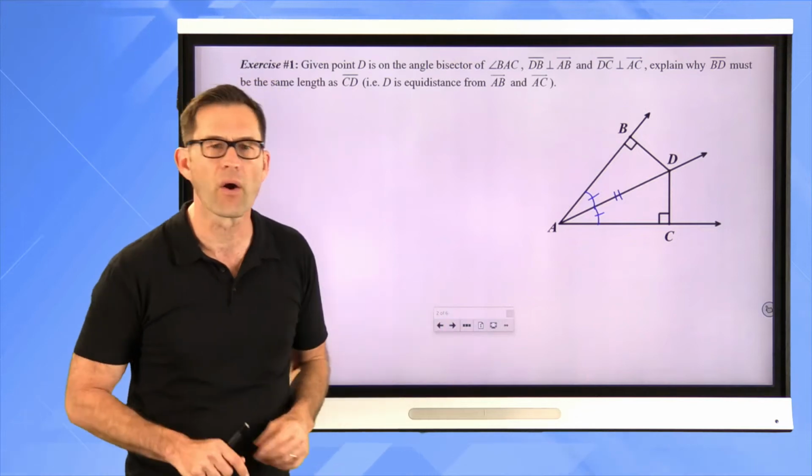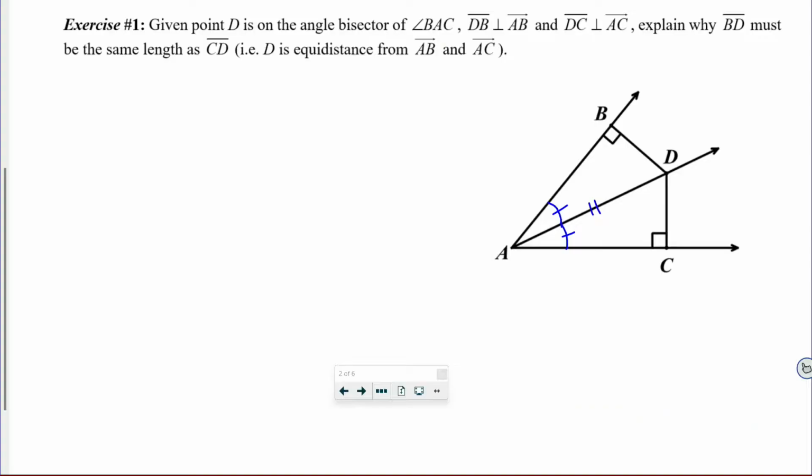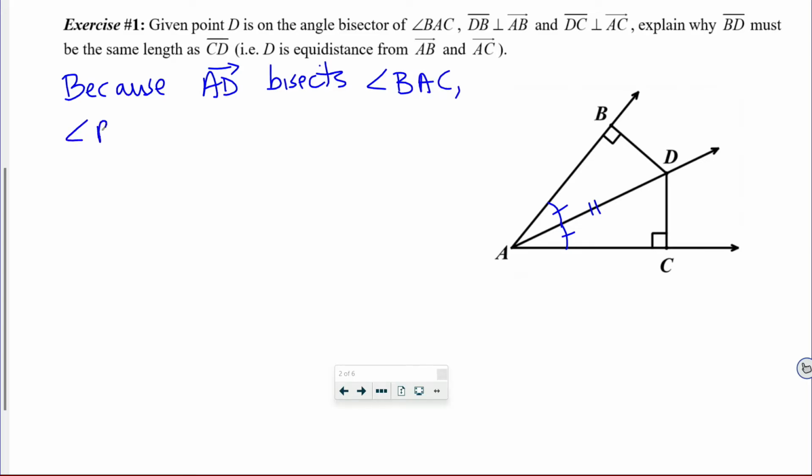So let's get that argument down. We're just going to do it in paragraph form. Because AD bisects angle BAC, angle BAD is congruent to angle CAD.